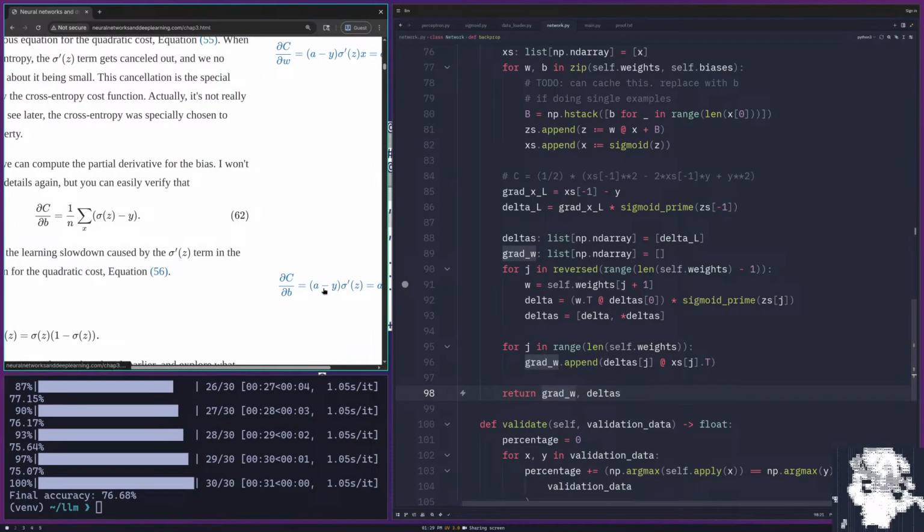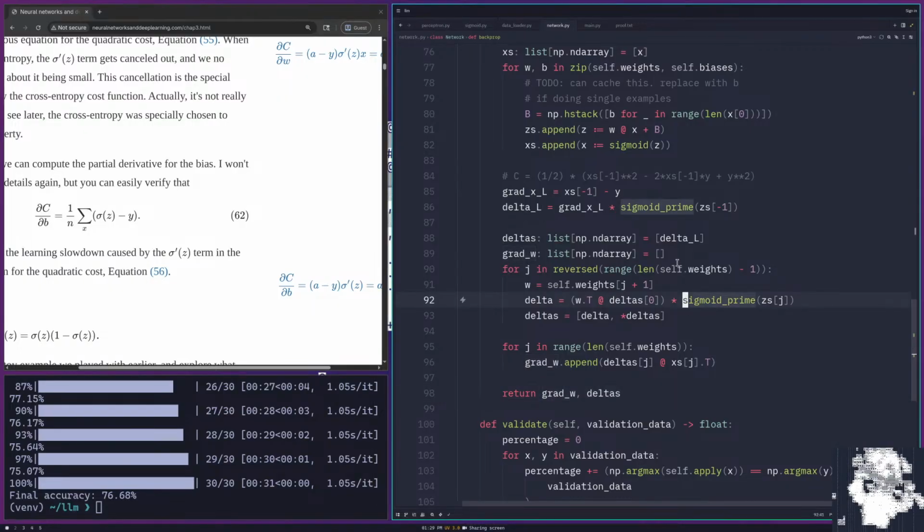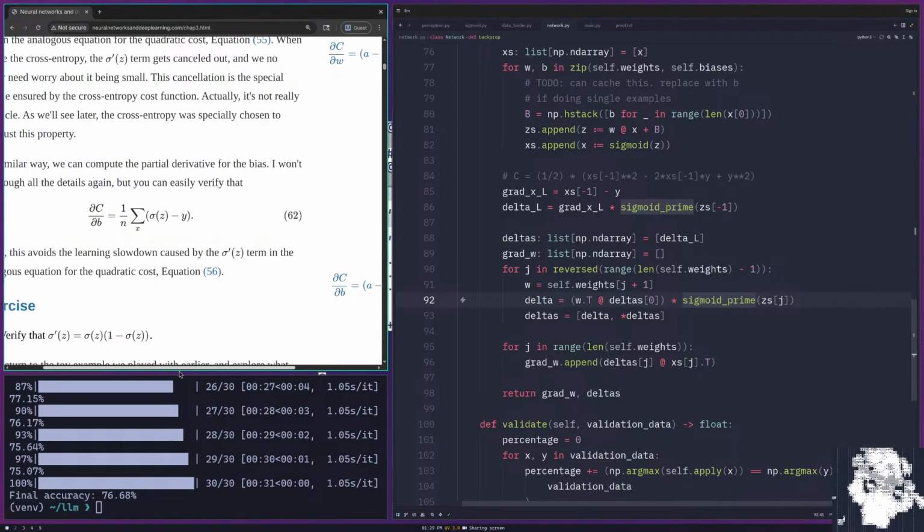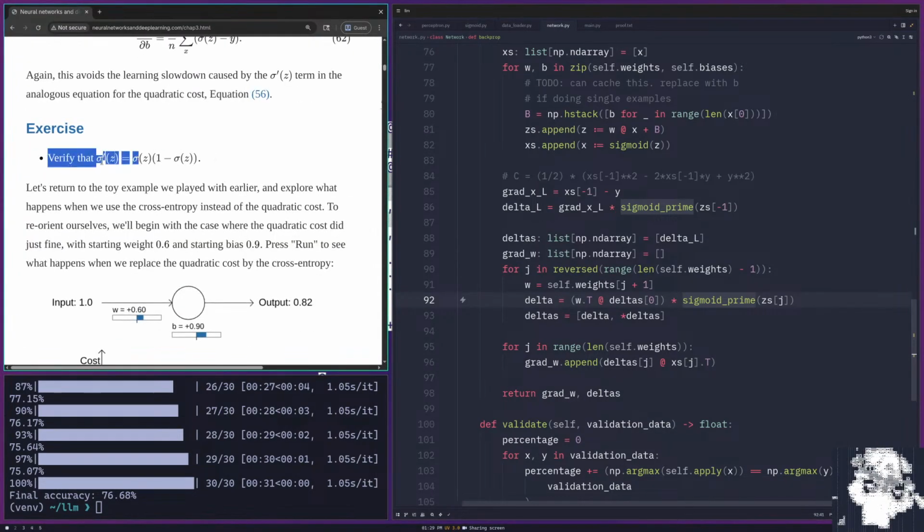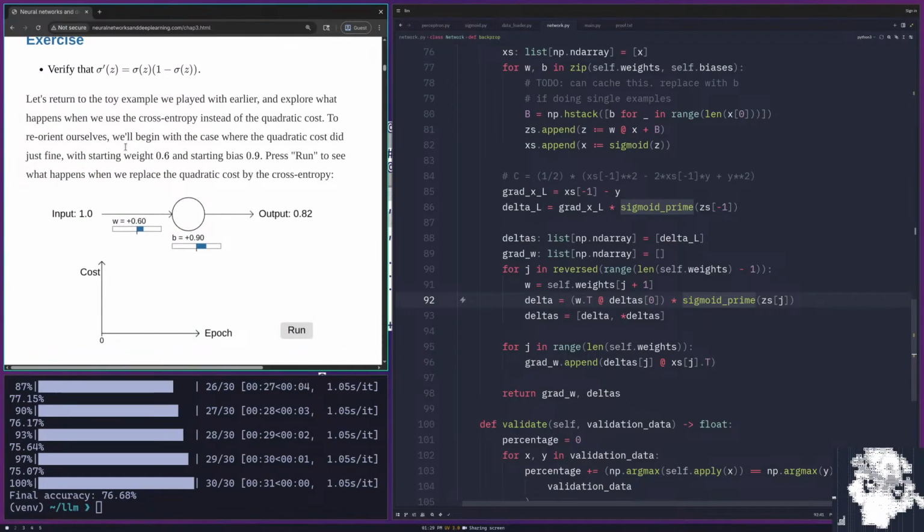But if before what we were doing was a minus y times sigmoid prime, and after we should just be doing a minus y, then just commenting out the sigmoid primes to be 1 should have been the same as giving me a cross entropy. Alright, we're gonna skip this verification. I can just believe that that's right. I don't think it's gonna help that much to prove it.